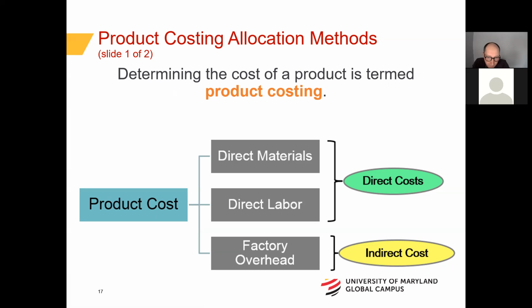Factory overhead, which is a special animal in itself, is considered an indirect cost, because not all factory overhead can be directly traced to a finished good.